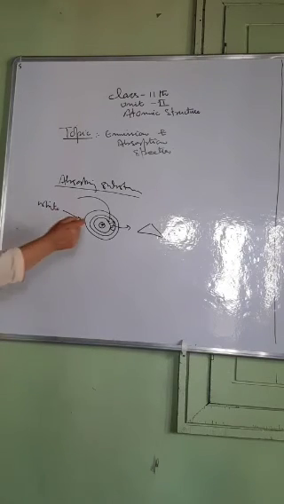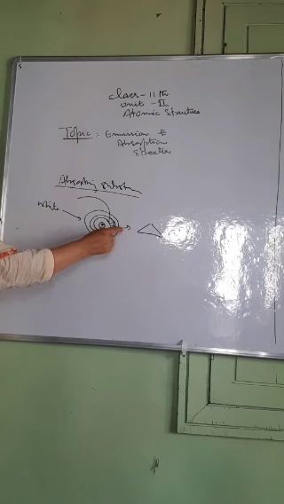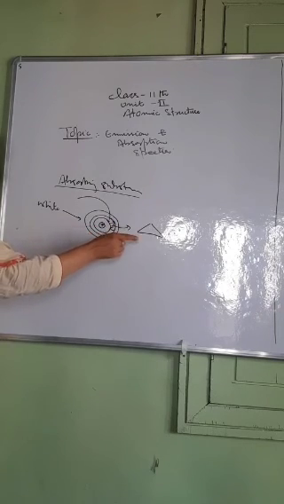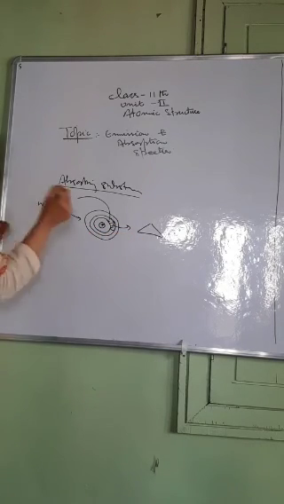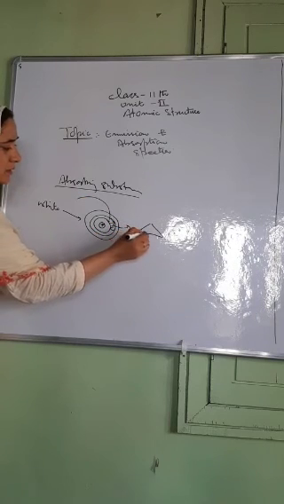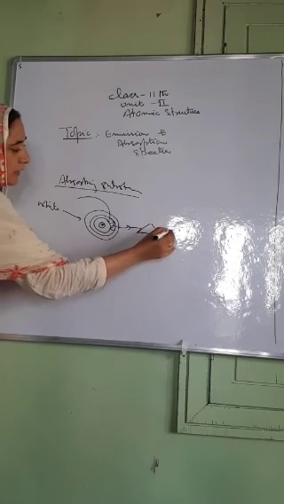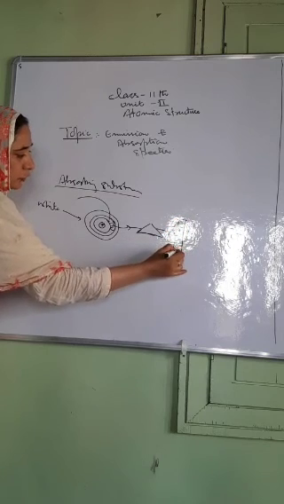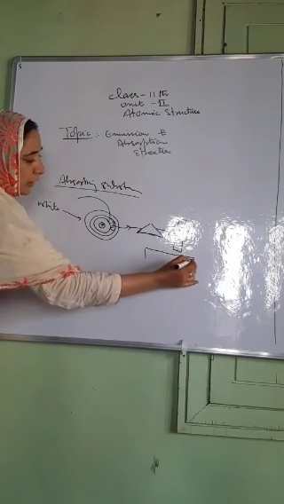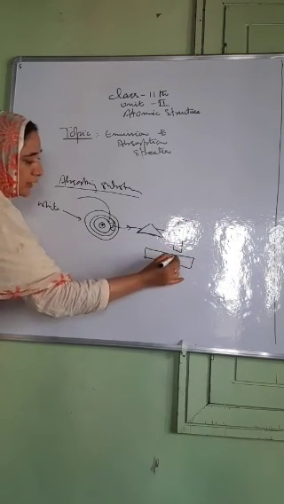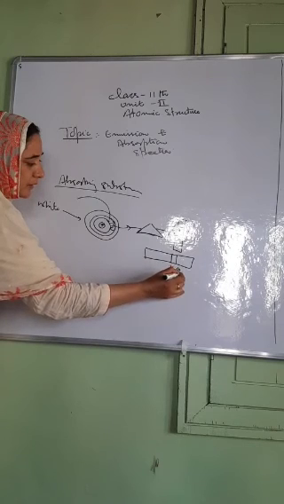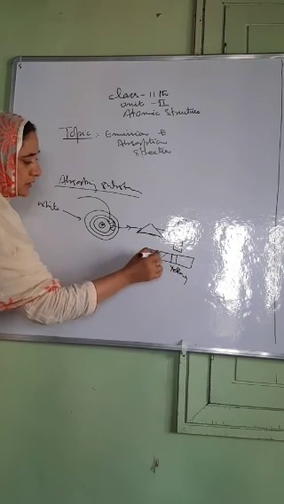When it returns back to the ground state, it emits the light, and if we analyze that light, it passes through the prism, and here we get the pattern on the photographic film, and here we get the same yellow line, yellow band, and this is the black space.